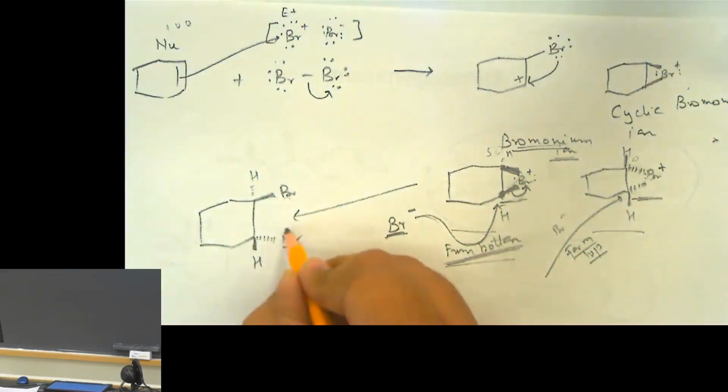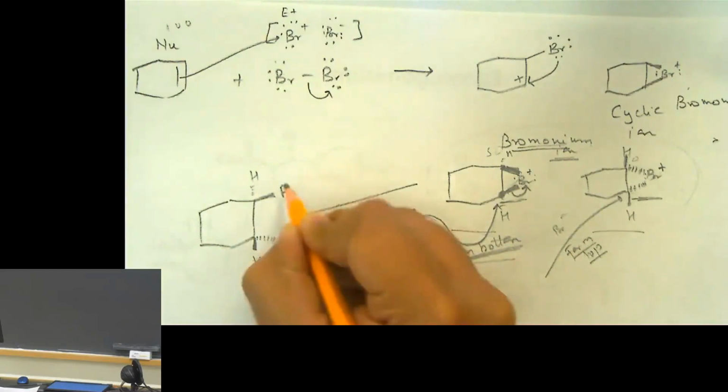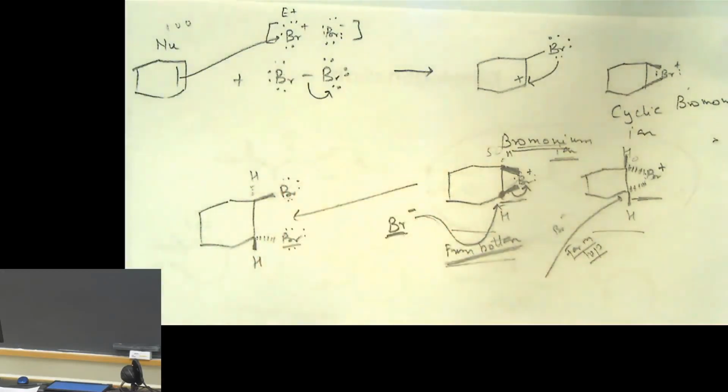Okay? And both the Br now have 3 lone pairs. The electrons for this bond that is formed between carbon and bromine are coming from the minus charge of the Br. Alright. So this is one molecule you will form if the reaction takes place from the bottom with this ring.